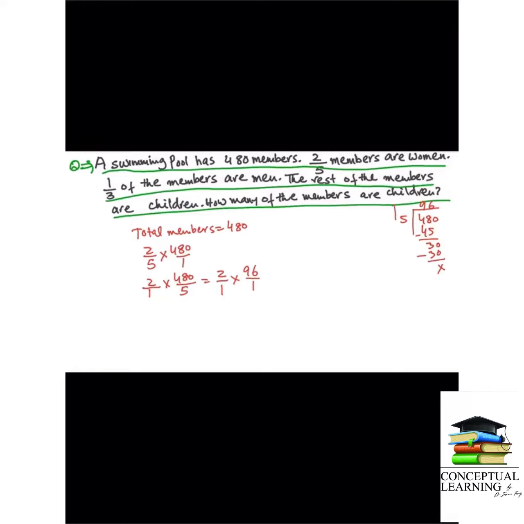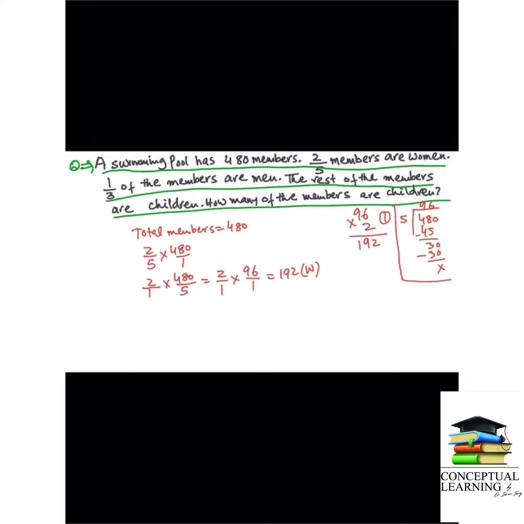Now we have to do 96 times 2. So 6 times 2 is 12. Carry 1. 9 times 2 is 18 plus 1 is 19. So 192 are women. I represent women by W. Now we can go to the next part.